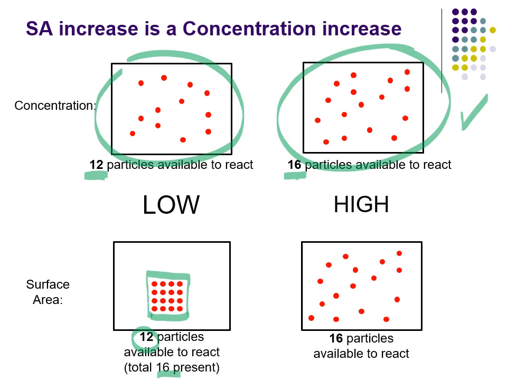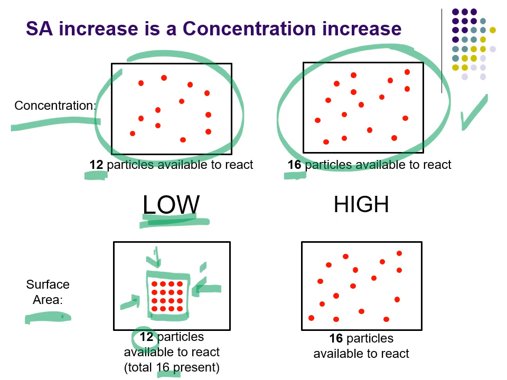So we're going to have 12 particles on the outside of this block, and they're the ones where other particles could come in and react to them because they're on the outside. The 4 on the inside aren't available to be collided with because they're stuck on the inside there. So low surface area is essentially the same thing as low concentration on a particle scale.